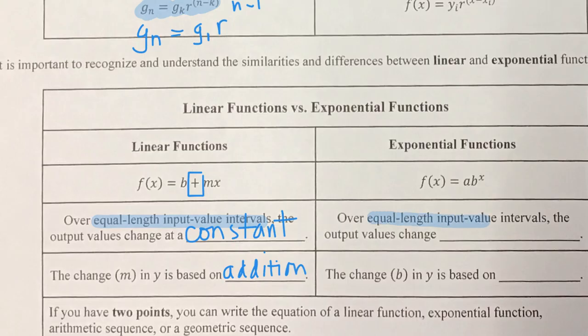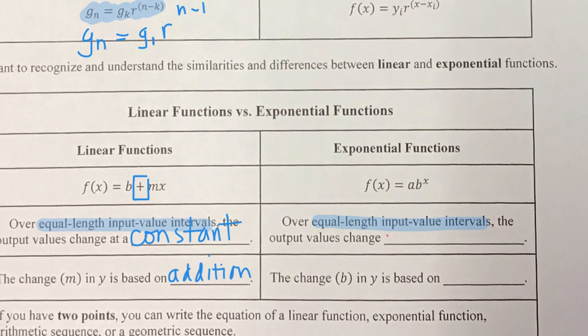Same thing over here. If x is changing at a constant rate, in this case, your outputs are changing proportionally. Right? Whenever we're multiplying, there's a multiplying factor.